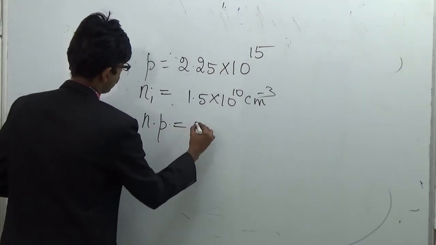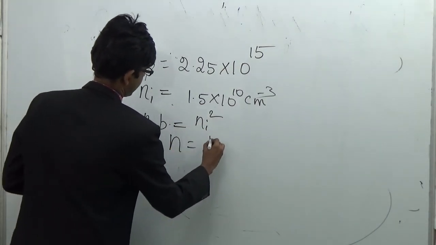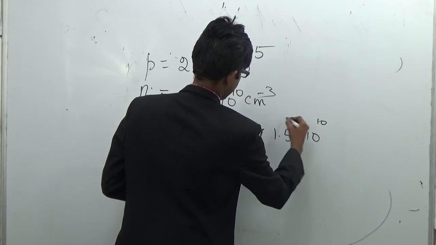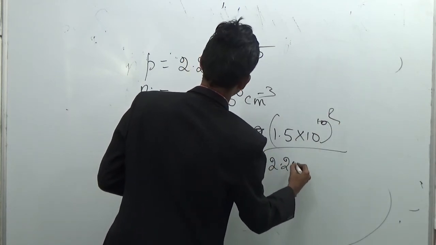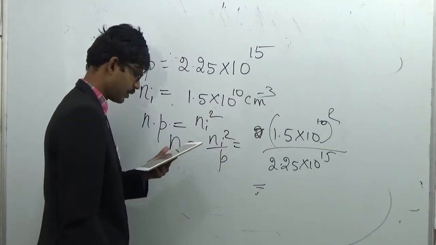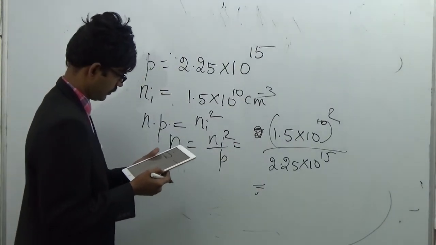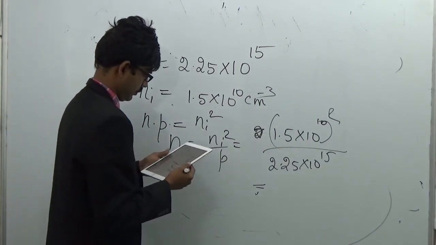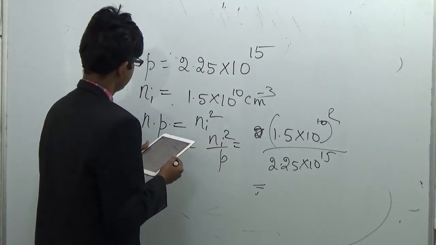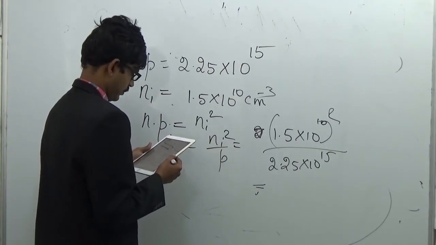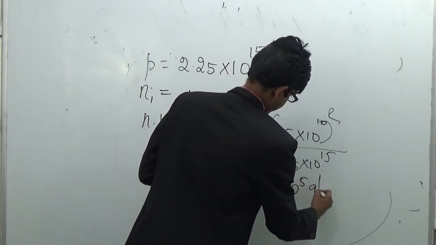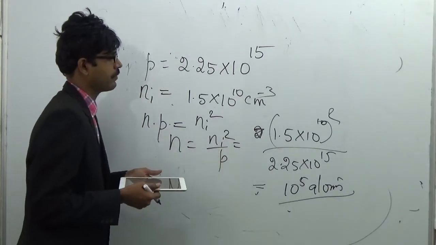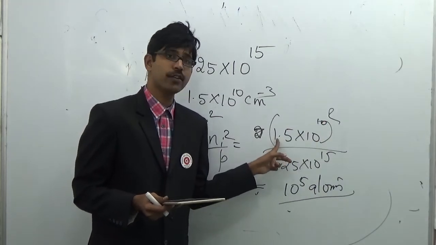So electron concentration into hole concentration is Ni square. So electron concentration is Ni square by P, which is equal to 1.5 into 10 power 10 the whole square divided by 2.25 into 10 to the power 15, which is equal to 10 to the power 5 per centimeter cube. (1.5) the whole square will become 2.25.